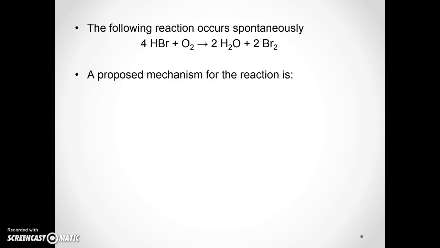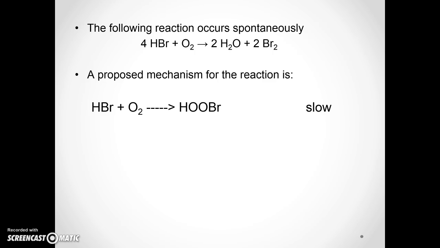The following reaction occurs spontaneously: hydrogen bromide, or hydrobromic acid, combining with oxygen to make water and bromine gas. A proposed mechanism for the reaction is you start with this first reaction, you take the HBr and the O2 and you make the HOOBr. That stage is slow.